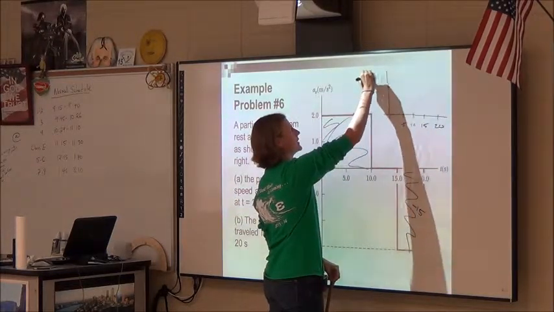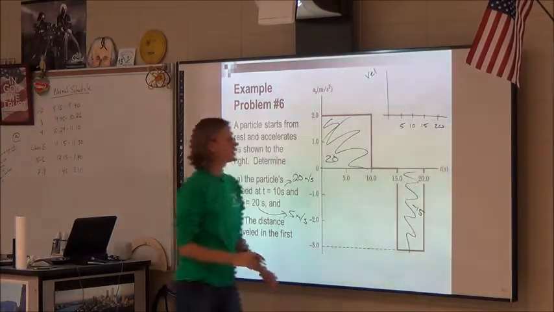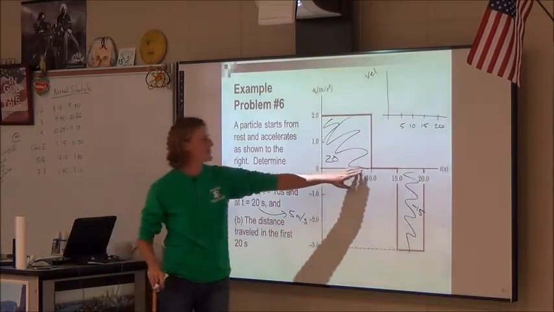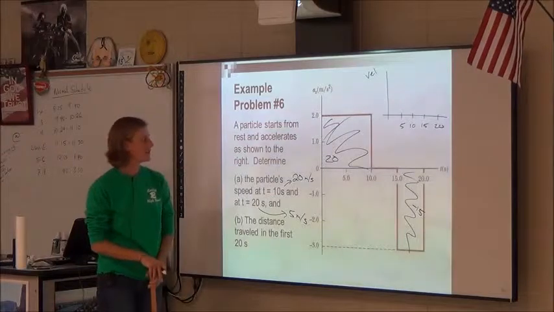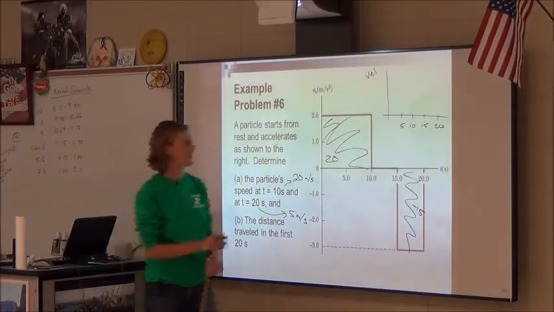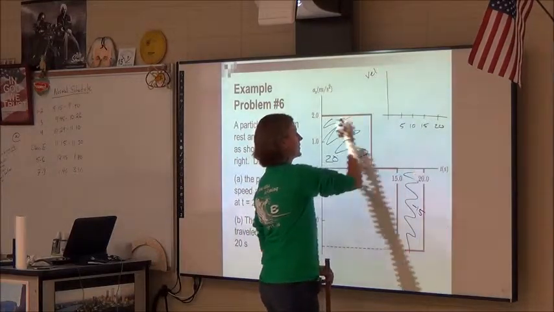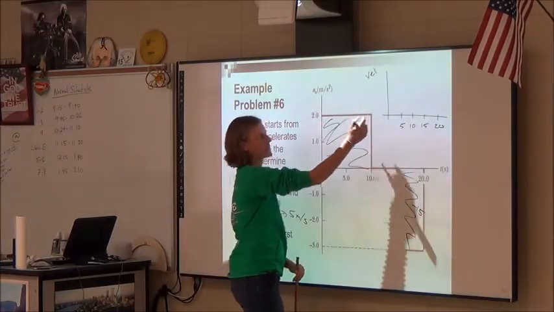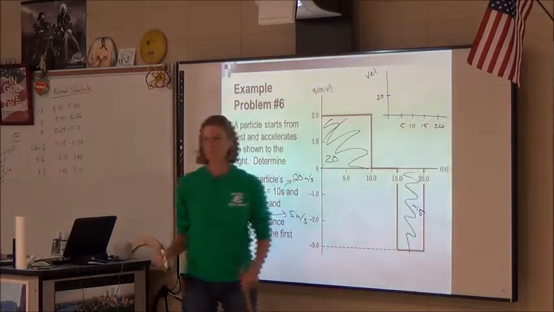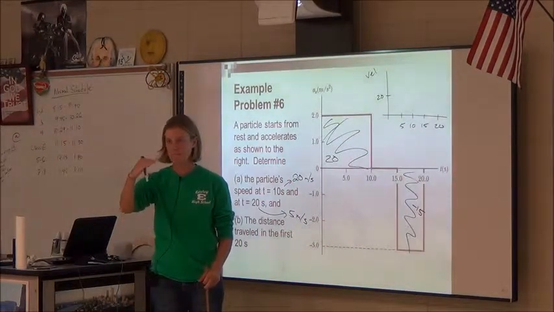And this is going to be velocity. So really over to 10 seconds, what was our velocity? Yeah, we just answered that. So that was 20. And we are accelerating. We have some acceleration. So what should the graph look like? Straight line?